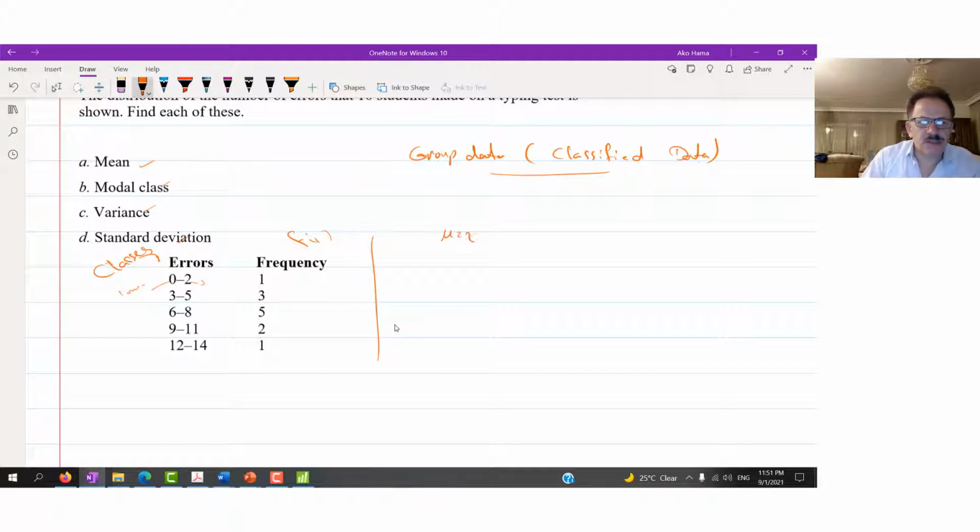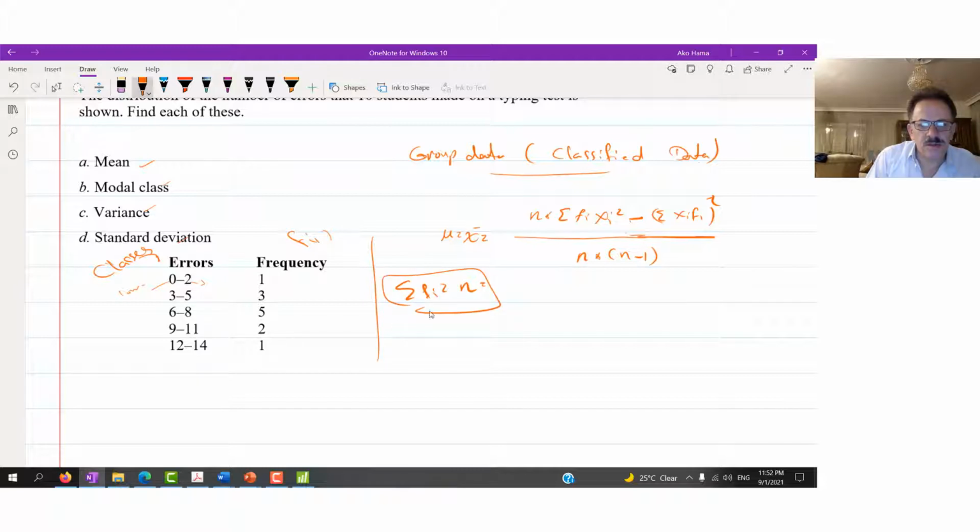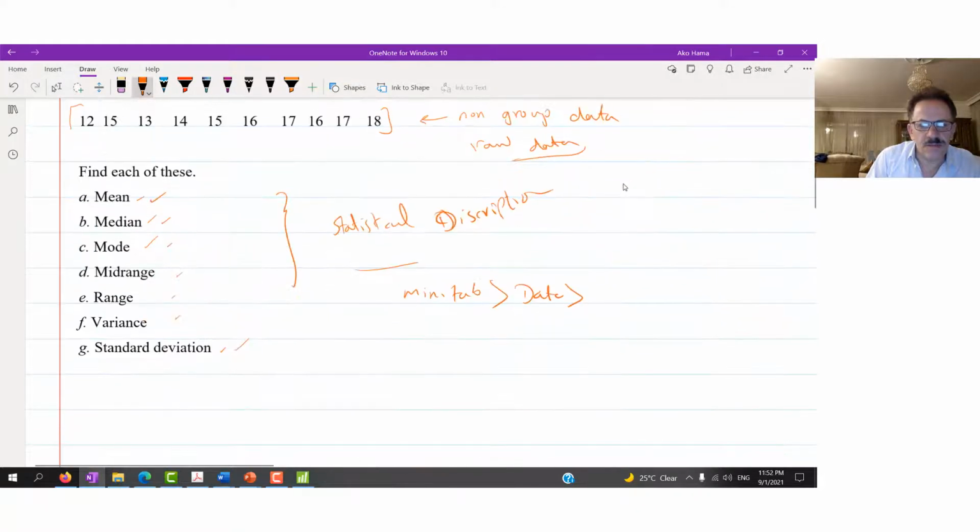In the calculation that we have, the standard deviation is the square root of n times summation fi xi squared minus the square of summation of xi fi, divided by n times n minus 1, where n is equal to summation of fi.